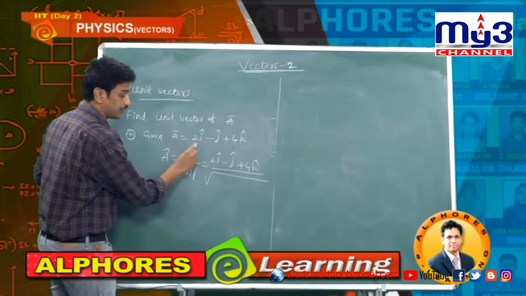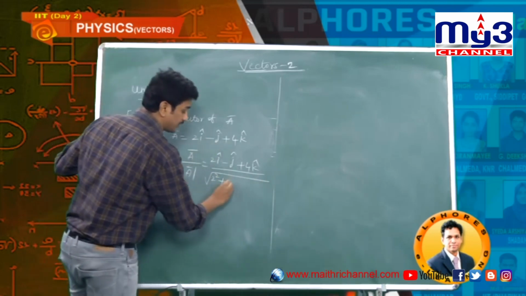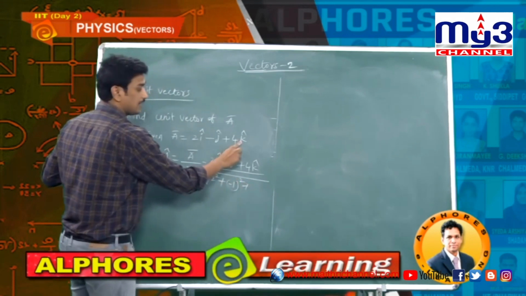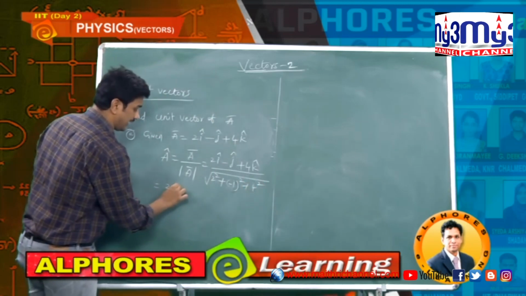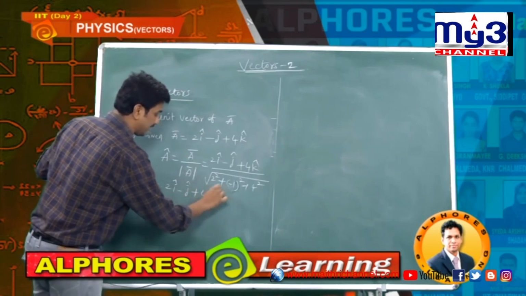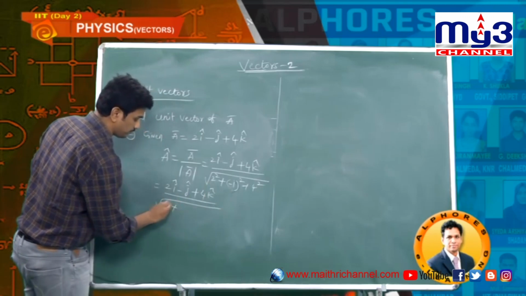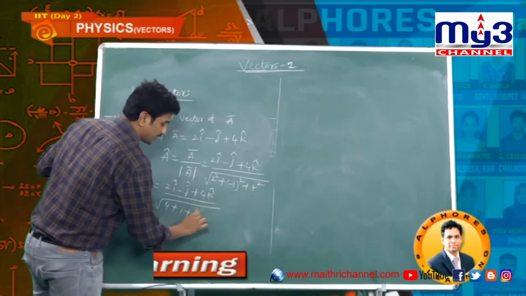I cap coefficient whole square plus j cap coefficient minus 1 whole square plus k cap coefficient 4 whole square: 2 square 4, minus 1 whole square 1, 4 square 16.